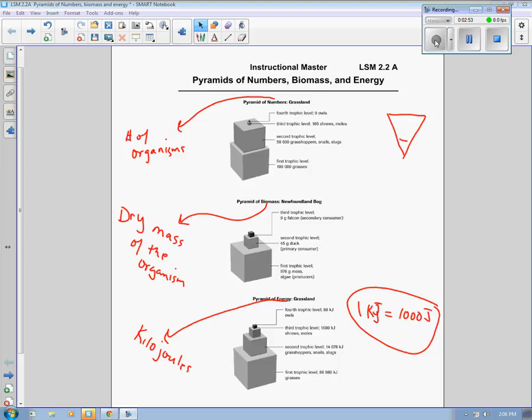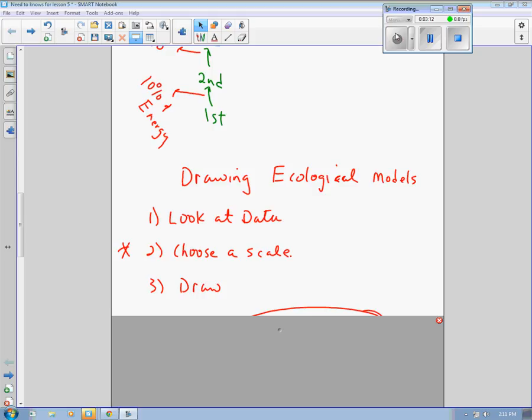So in front of you are the three kinds of ecological models that try to show energy flow, and they're called pyramids of number, pyramids of biomass, and pyramids of energy. In order to draw these ecological models, you probably want to follow these three steps.